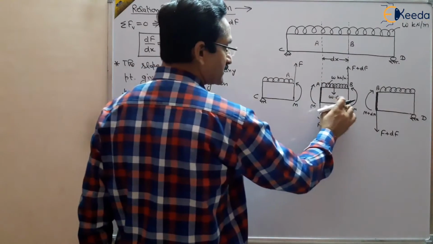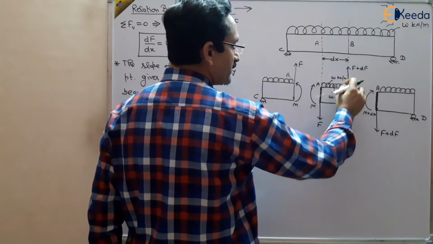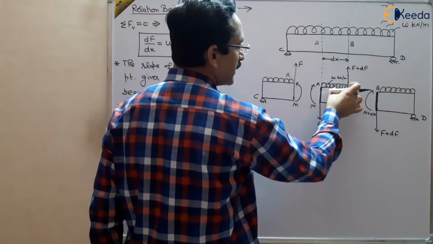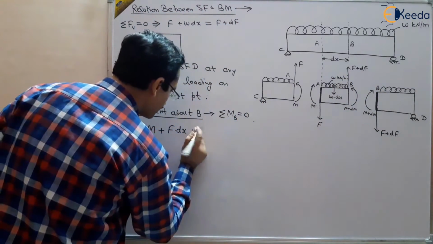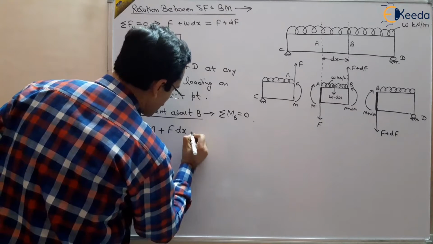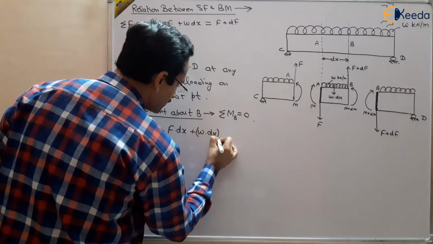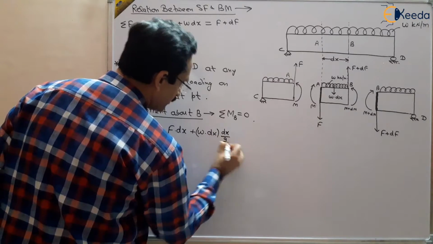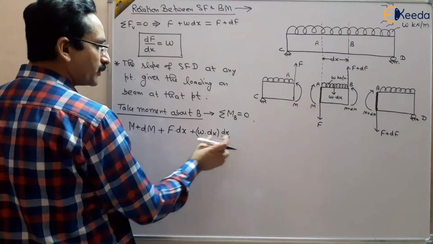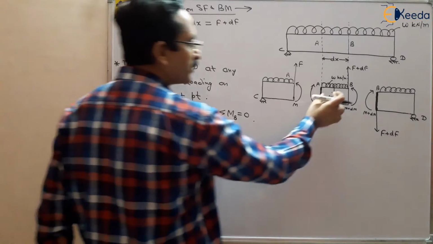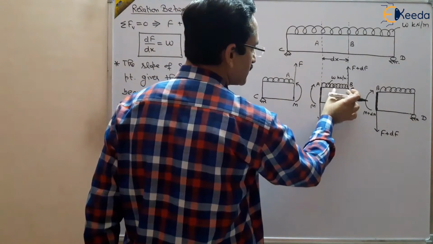This w dx is again an anti-clockwise moment with distance dx by 2, because it is acting at the center, so plus w dx times dx by 2.